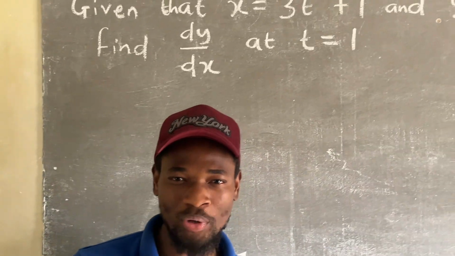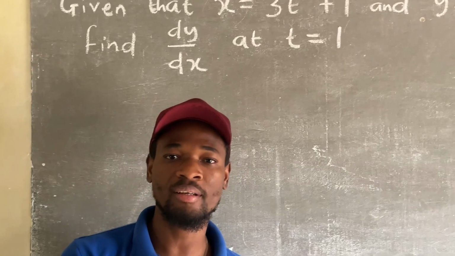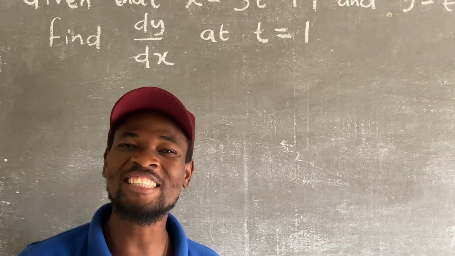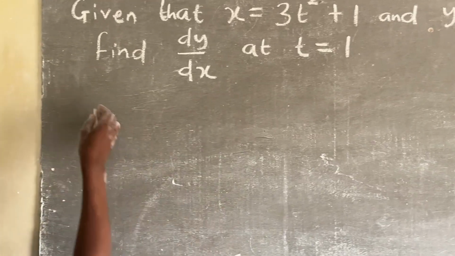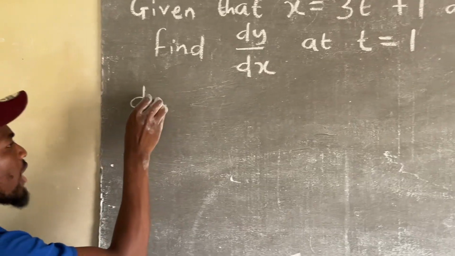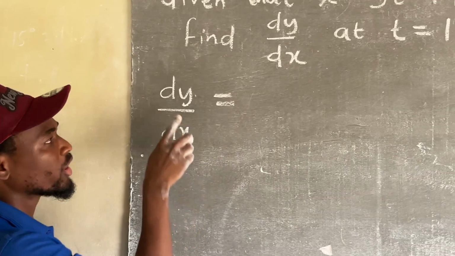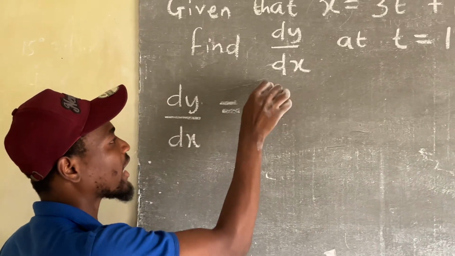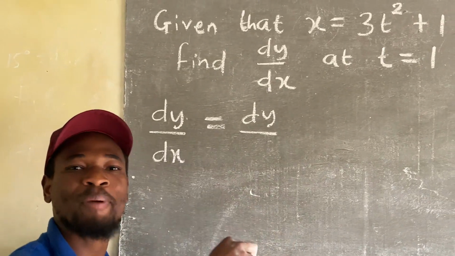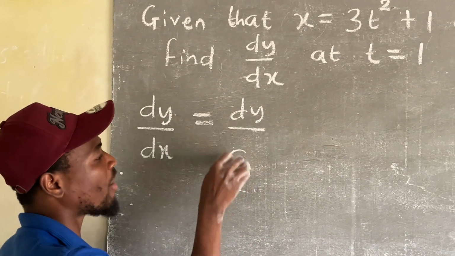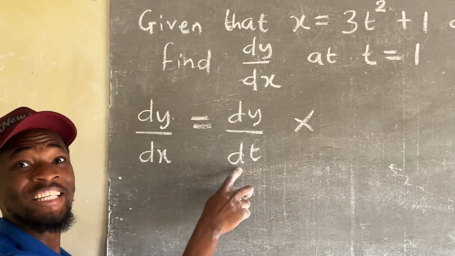In order to work this out for a parametric equation, simply employ the chain rule formula, which states that dy over dx should be equal to, the numerator is dy, so we begin with dy over dt. Then times, what is my denominator here? dt.